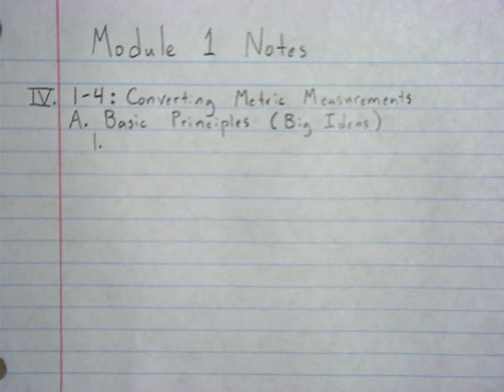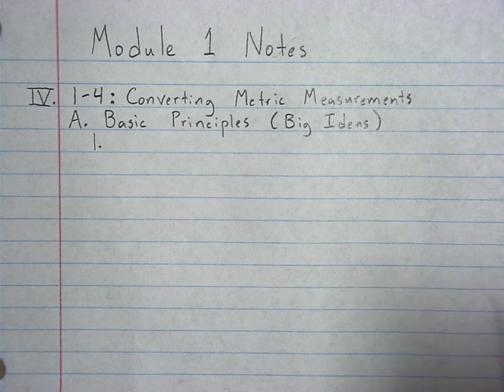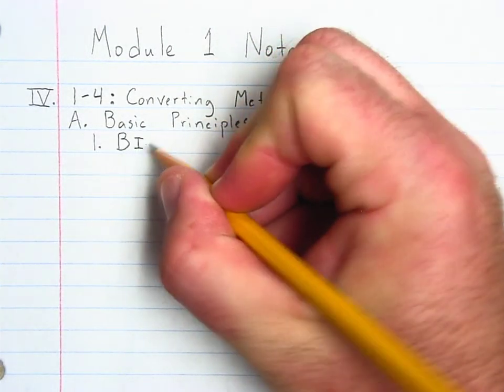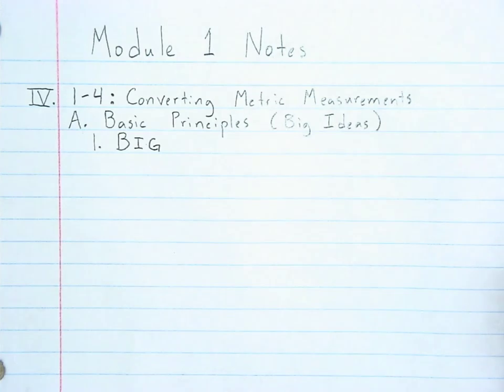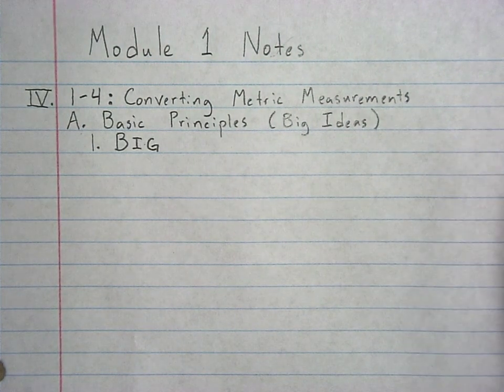If you are going from a large measurement, there we are. If you're going from something that's big, and I don't mean that the number is big, I mean the unit of measurement is big. Let's say we're going from a meter, which is about the length if I stick my arms out, from fingertip to fingertip, one arm to the other.